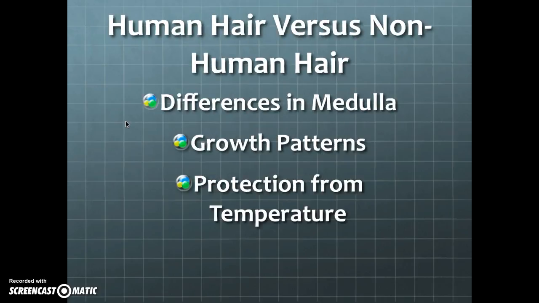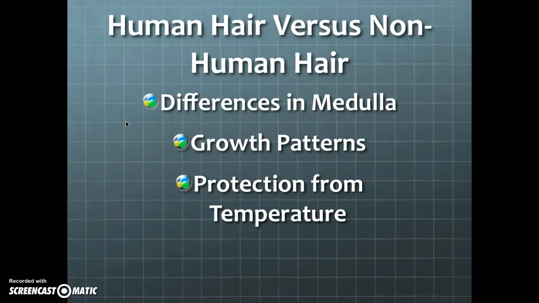And then human hair versus non-human hair, there's differences in the medulla. Animal hair is much denser around the medulla, whereas human hair is more dense around the cuticle. And human hair tends to grow individually.